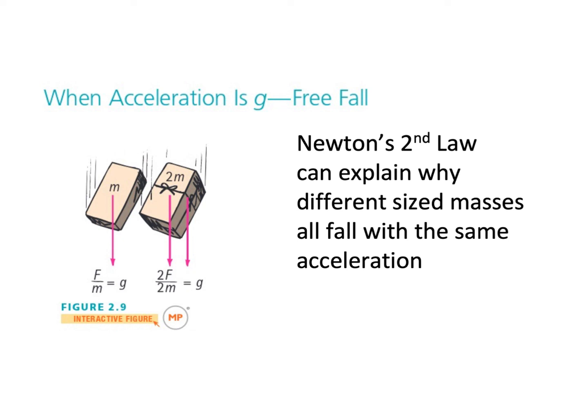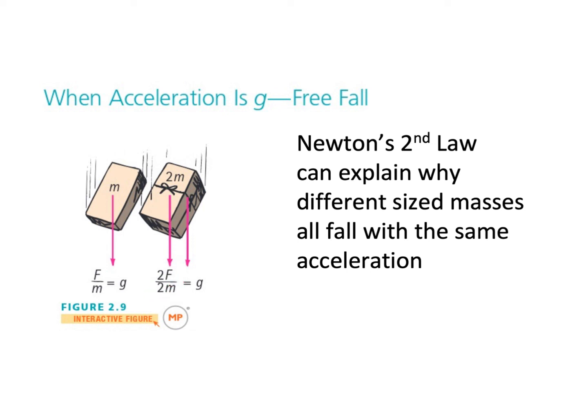Now what happens to the block that's twice as big, twice as much mass? Well, the force of gravity is going to be twice as big because it's a heavier object, but the mass is also twice as big. And so when you divide the total force by the total mass, those 2's cancel and you still get g. It doesn't matter how big the mass is because the force of gravity is going to be bigger, but the amount of mass is going to be equally bigger.